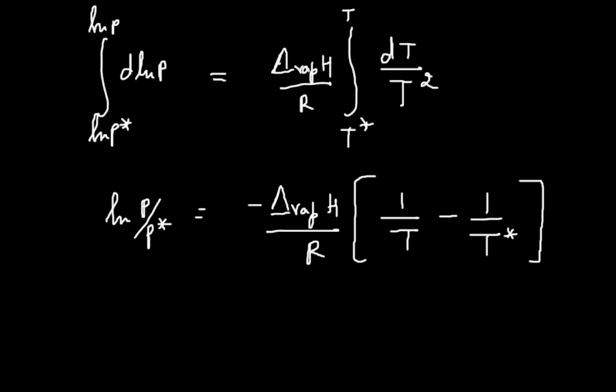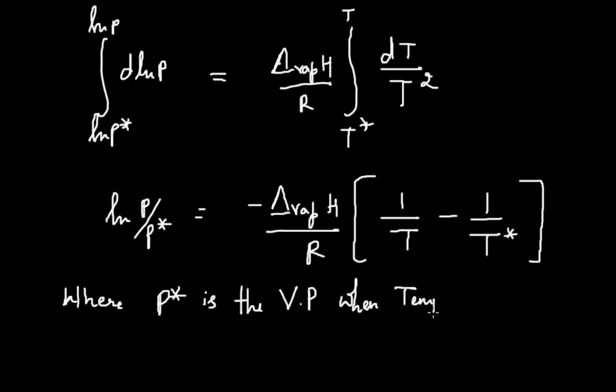Okay, so where this is very important, P star is the vapor pressure when temperature is T star, and P is the vapor pressure when temperature is T.